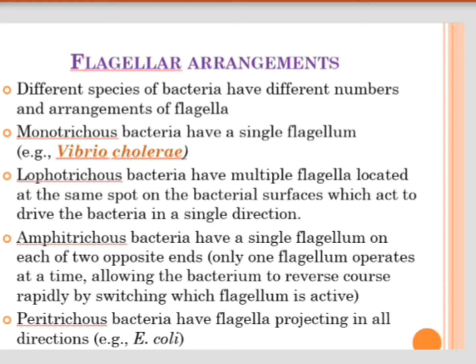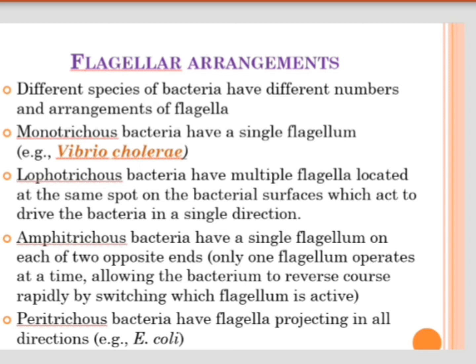And amphitrichous bacteria, here a bunch of flagella are present on two opposite ends. Bunch of flagella can be seen on either end. Here only one bunch operates at a time, allowing the bacteria to move in one direction. If the bacteria have to move in the opposite direction, then the other bunch will propel the bacteria in the opposite direction.